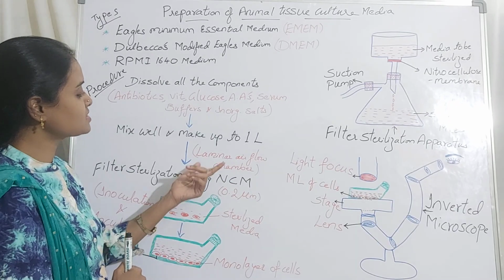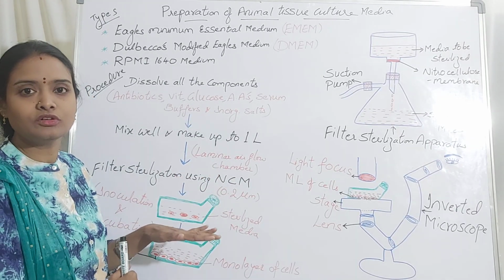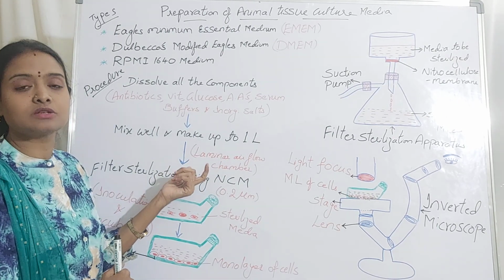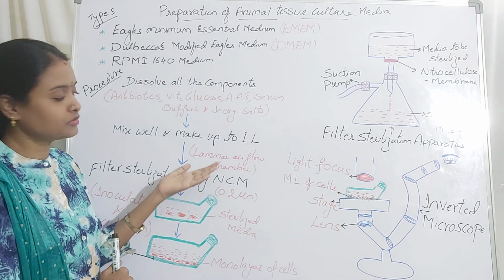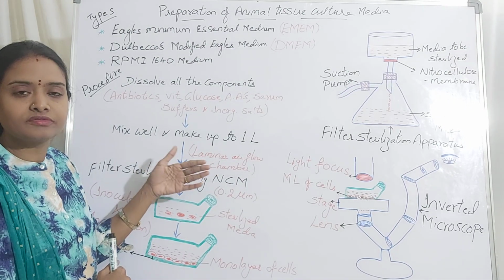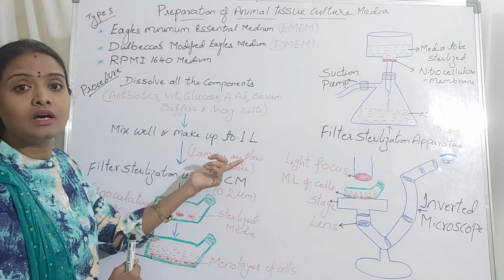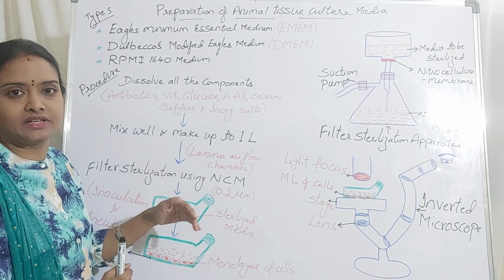You take 70% ethanol in cotton and wipe the complete laminar airflow. Then you are going to radiate it, that is sterilization by radiation. You switch on the UV, and after 15 minutes you switch it off. Then you switch on the flow of air through HEPA filters, right?